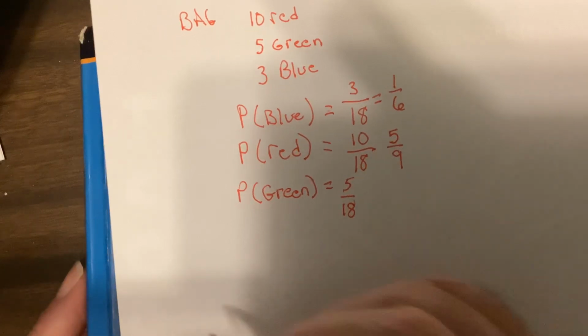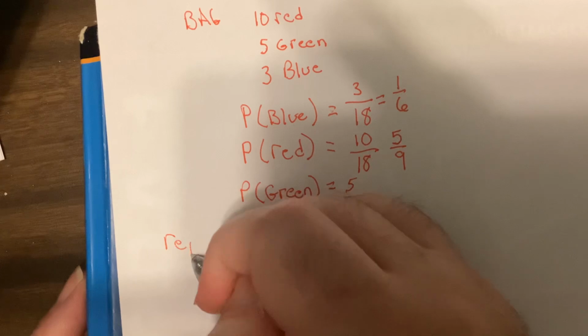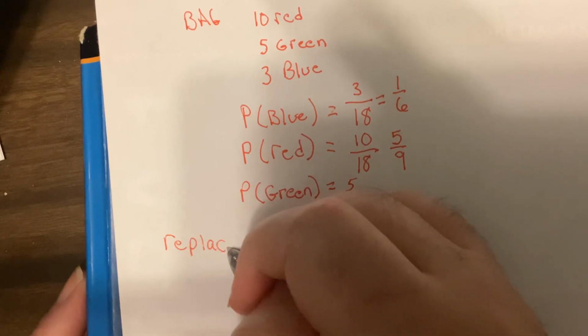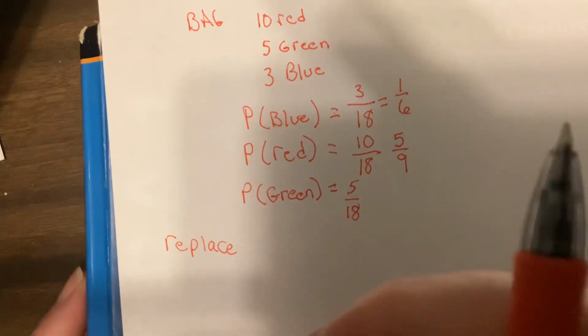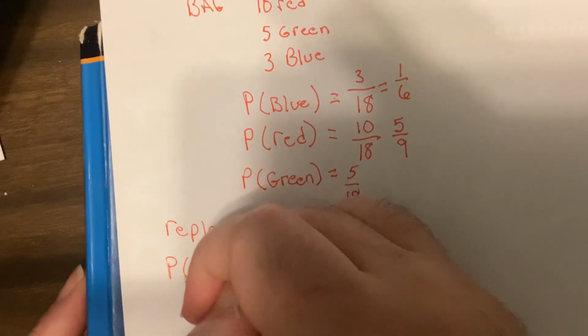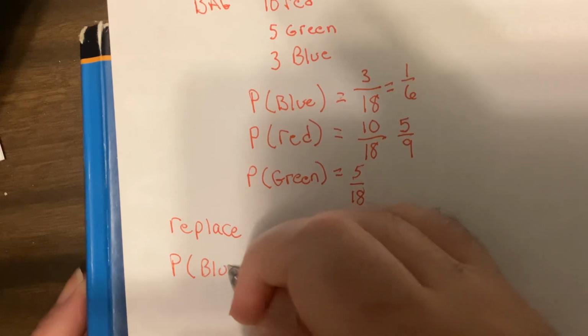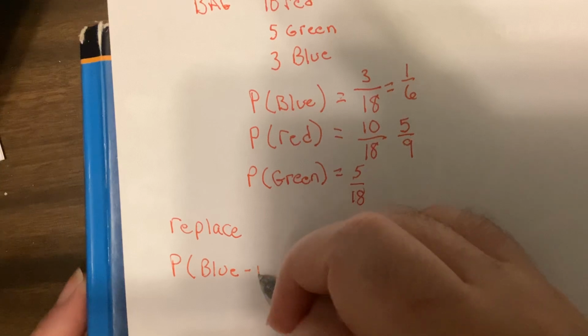Now, what if I said, we're going to replace the marble in the bag. So we pull out a marble and then put it back in. What's the probability we pull out a blue, then another blue one?